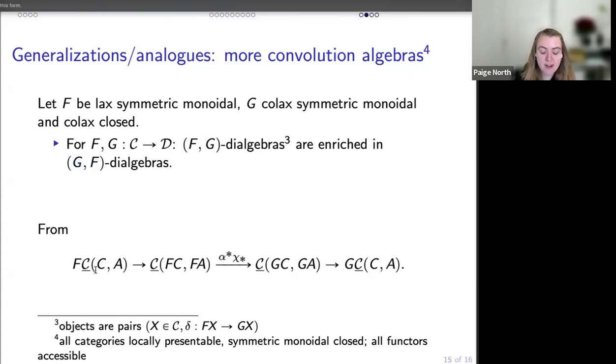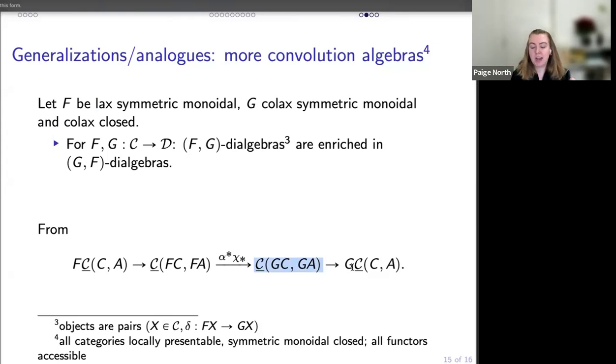We do basically the same thing that we did in the previous slide. A dialgebra structure on this internal Hom is a morphism from this guy to this guy. We get that by first pushing the F inside, using the fact that F is lax symmetric monoidal. Then we pre- and post-compose again by the two dialgebra structures to get this.